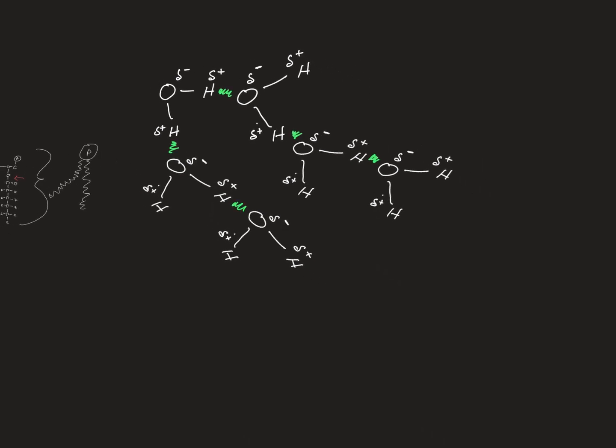Covalent bonds are what hold the atoms together. The covalent bond is the sharing of electrons between atoms. And when it's done unevenly, you have one atom being partially negative, that's that delta sign, another atom being partially positive, and they line up like this and they attract each other.